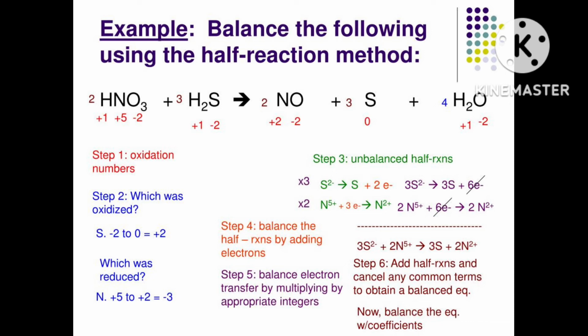Here oxygen is 4, here oxygen is 2. Left side MnO4 minus has 4 oxygen, and right side MnO2 has only 2 oxygen, so there is a difference of 2 oxygen. On the right side, 2 more oxygen should come.